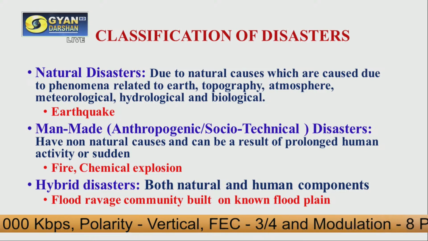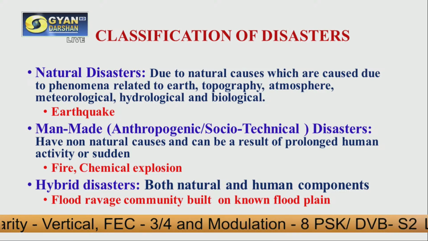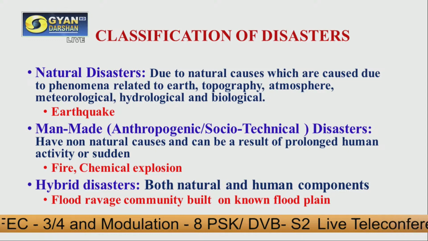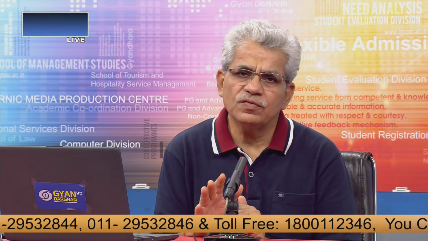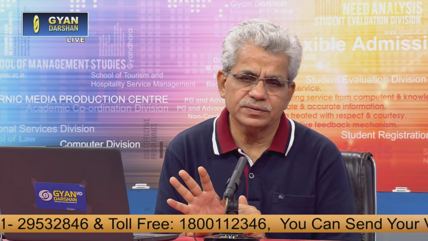The easiest example is an earthquake, or any epidemic if you consider disease. Many other natural disasters are drought, floods, cold wave, heat wave, landslide, and so many more. All these natural events come into the category of natural disaster because they occur naturally. There is no role of human beings in their occurrence.